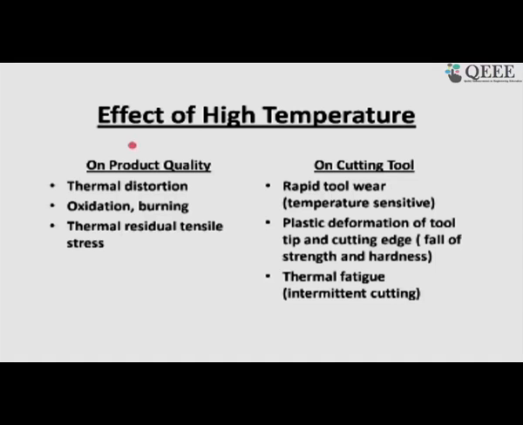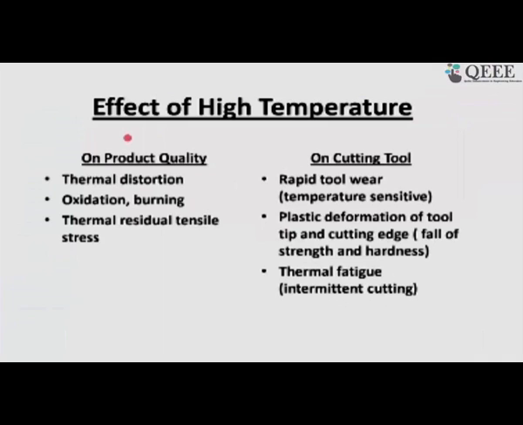Then another one step deeper is burning of the job, and it may not be with machining, but with grinding we have seen the gradient is so high that we have even burning of the finished surface. So, oxidation, burning, these are the matter of concern, and we have to pay attention, because surface is just prepared, just formed.